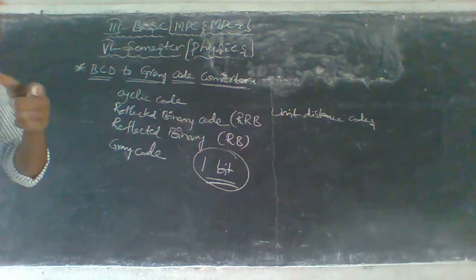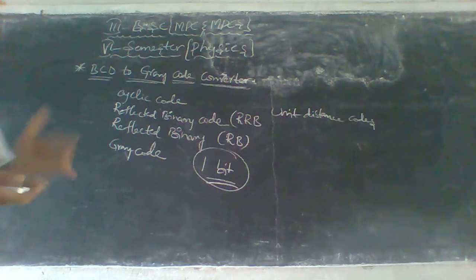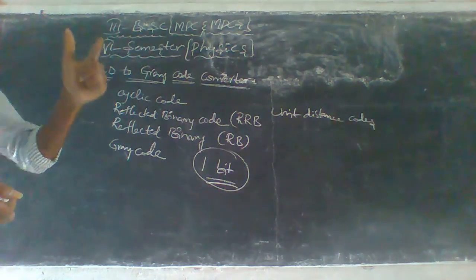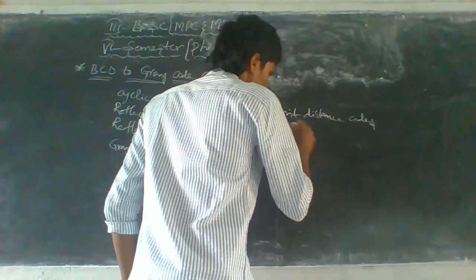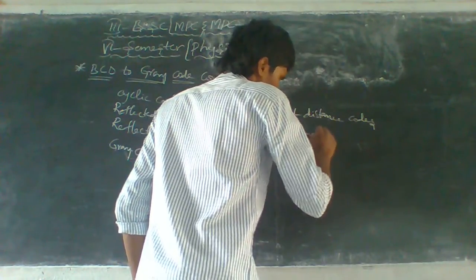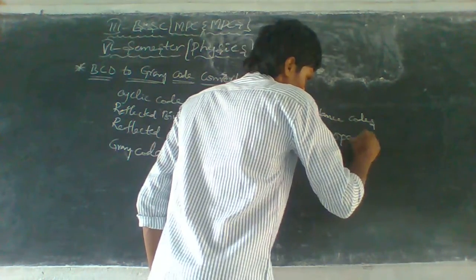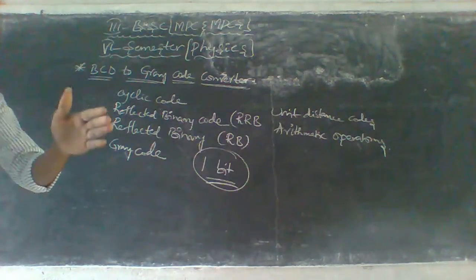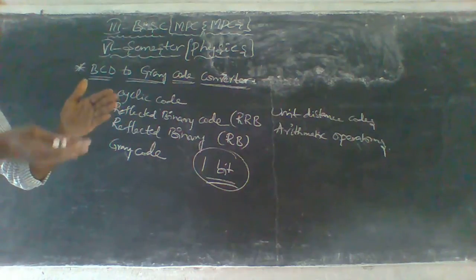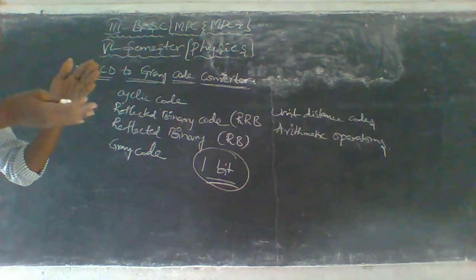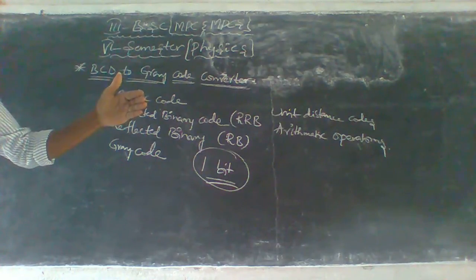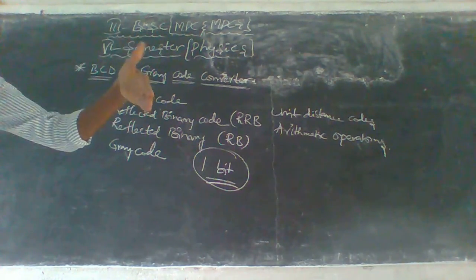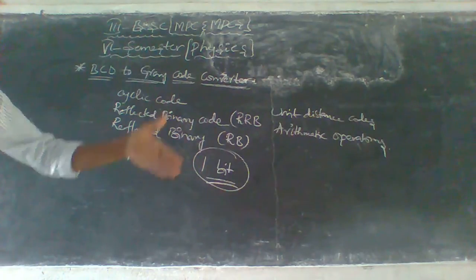The Gray code has some applications in analog to digital converters, as well as being used for error correction in digital communication.